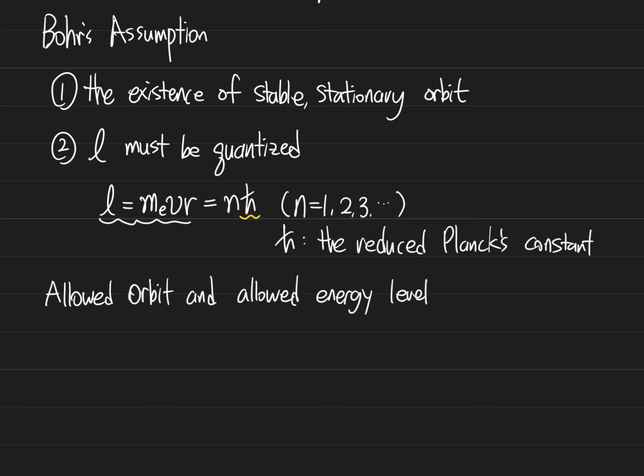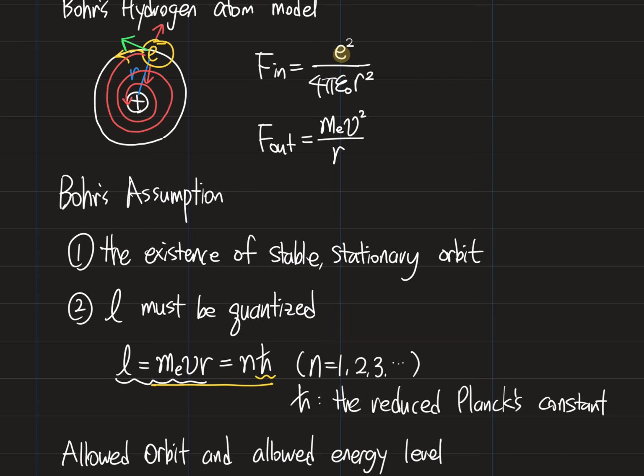Let's take a look at this mathematically. The velocity v of the rotating electron can be obtained from this equation: v is given as n h-bar over m_e r. We also have one more equation from the force balance between the inward and outward force.